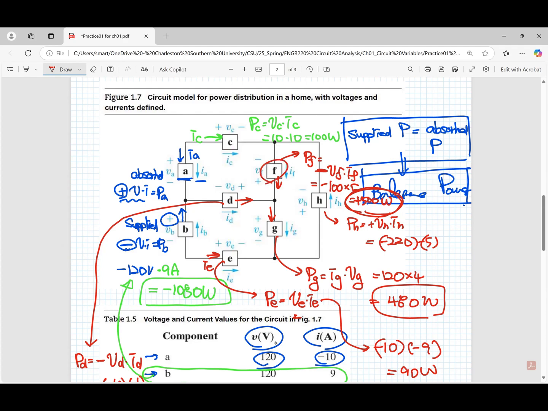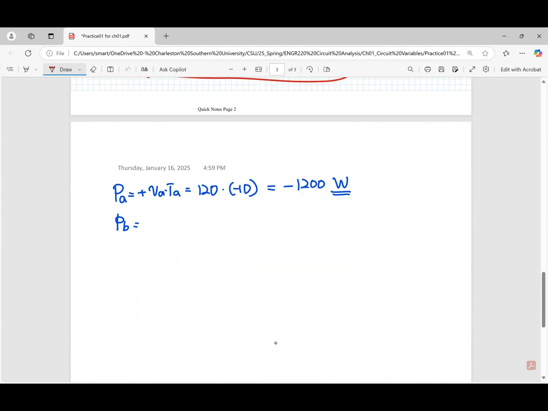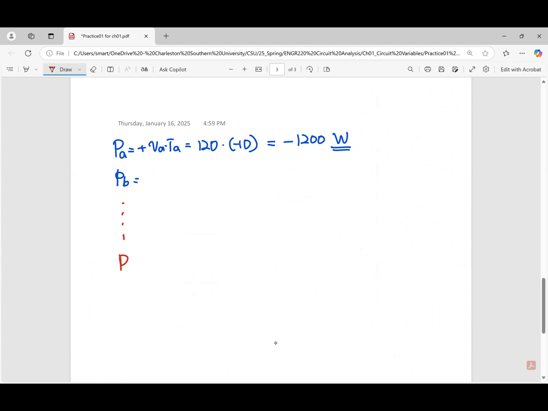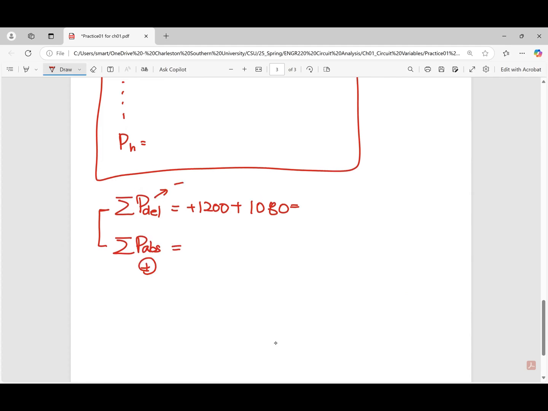All right, so all the components we have calculated. After we find them, the delivered power means the plus, the absorbed power. Summing, the delivered or supplied is the minus value.